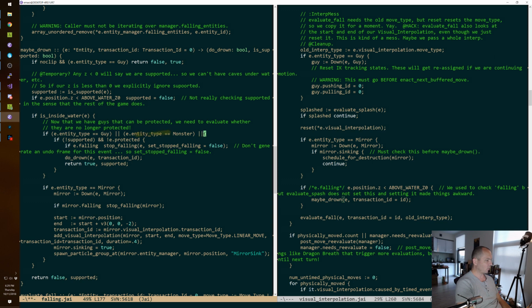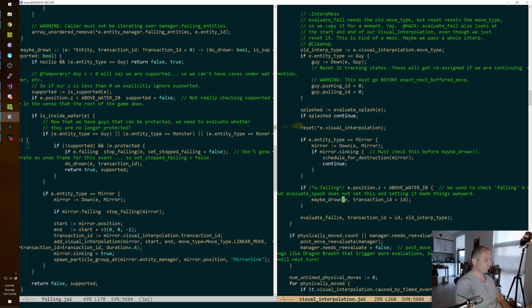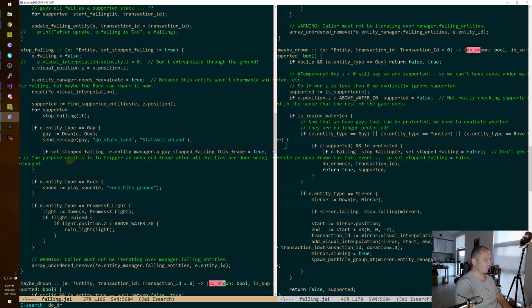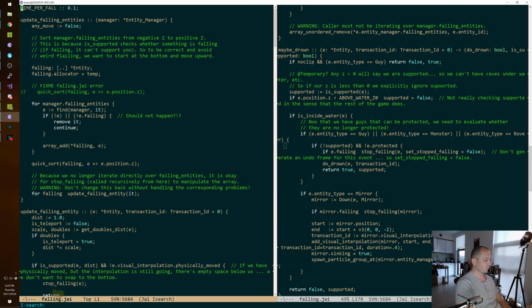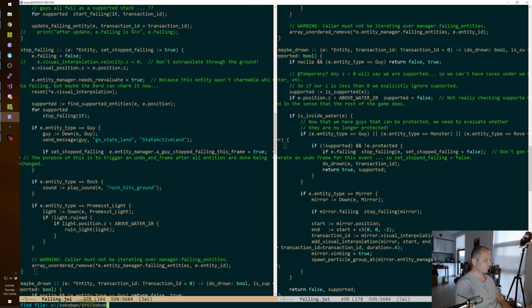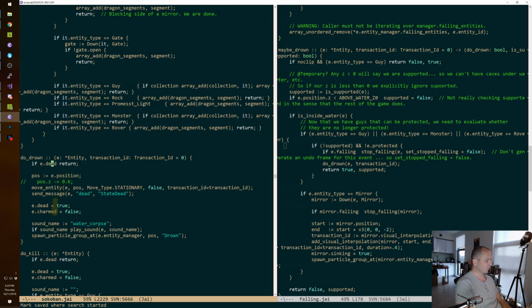If it's a guy or a monster or a rover, so do drown would set dead on it, right? This sets dead, and I'm hoping that rovers pay attention to dead.